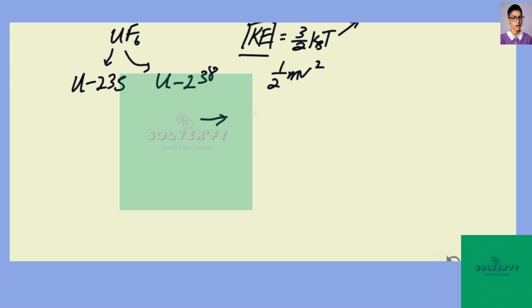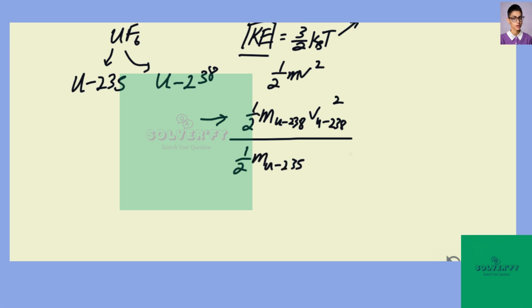So that would mean if we take half mv squared of uranium-238 times the velocity of uranium-238 squared, divide that by half mass of uranium-235 times velocity of uranium-235 squared. Now I'm referring to all the molecules of UF6, right?